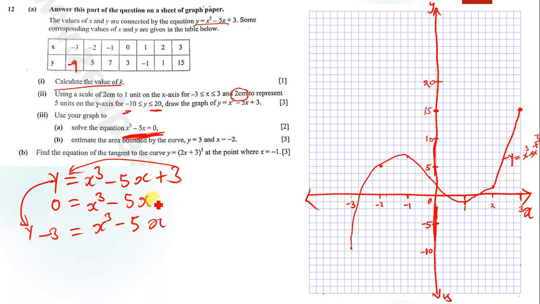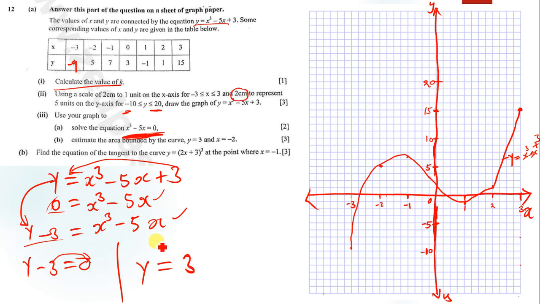So if this part and this part are the same, it means that 0 is also equal to, so we say y minus 3 is also equal to 0. So we are going to take this 3 to the other side of the equal sign, meaning you are going to have y is equal to positive 3.